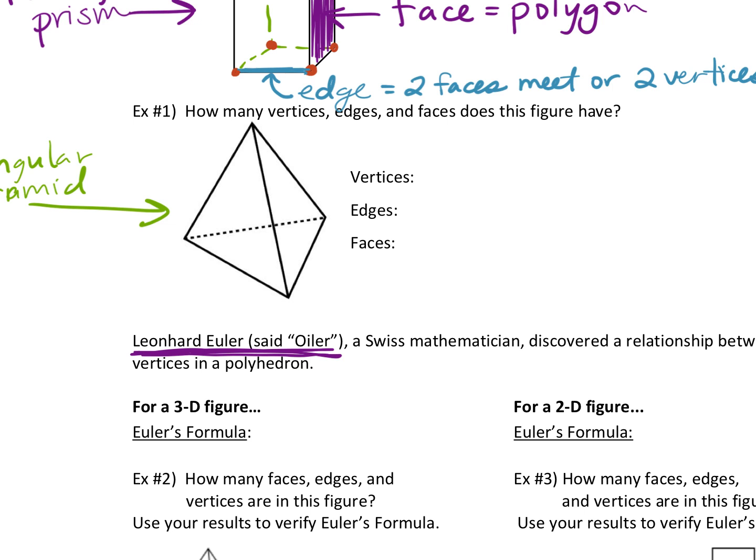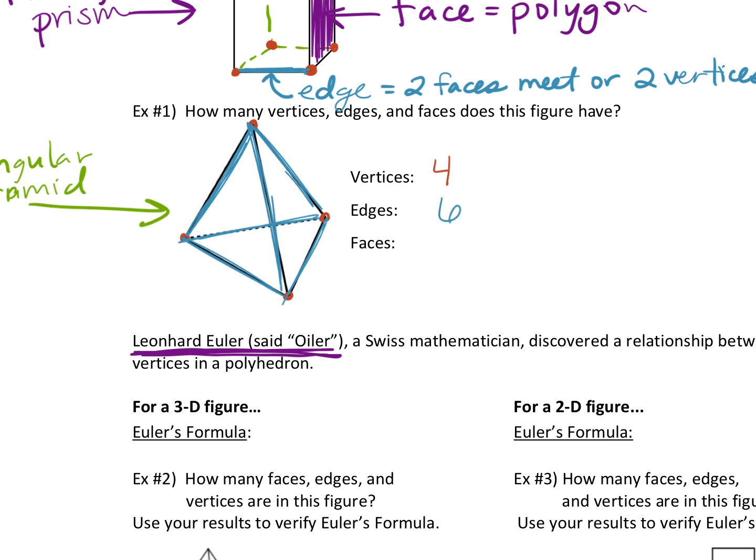So we would say this is a triangular pyramid. How many vertices does it have? 4. It's got one up here, one here, one here, one here. So it's got 4 vertices, okay? How many edges does it have? 6. 1, 2, 3, 4, 5, 6.